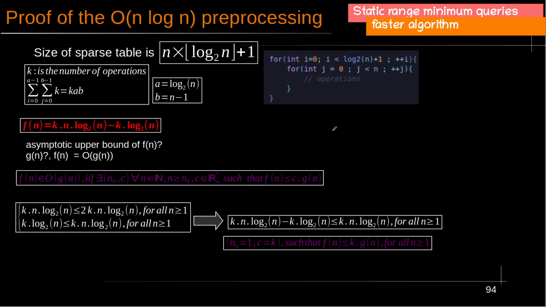You see here, for n0 equal to 1 and c equal to k, we can say that fn is always less or equal than k times gn. gn is this function, this expression here. So we can say that fn is big O of n log n. This is the proof that the preprocessing of the sparse table costs n log n time complexity.